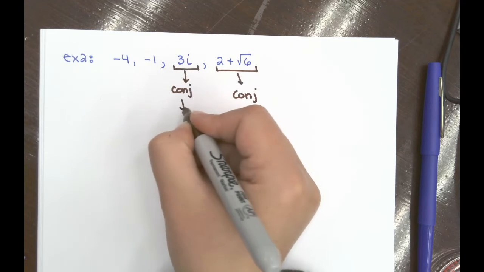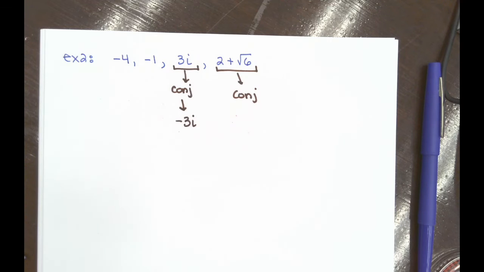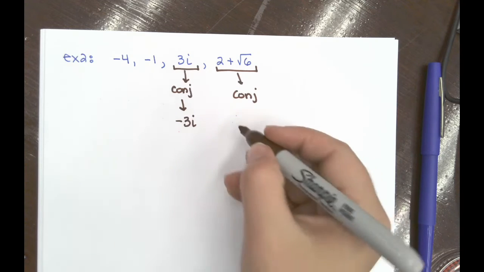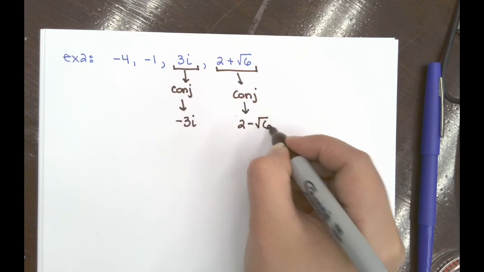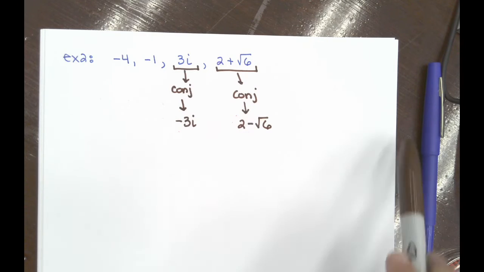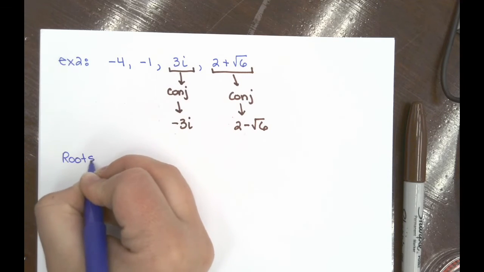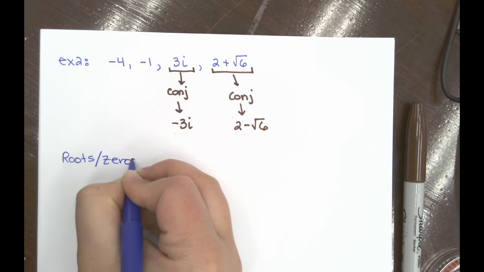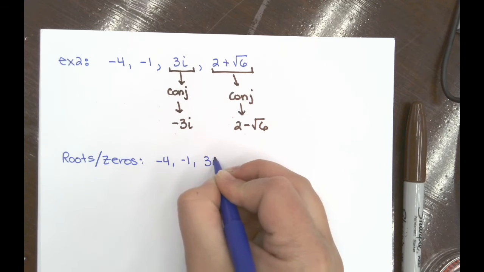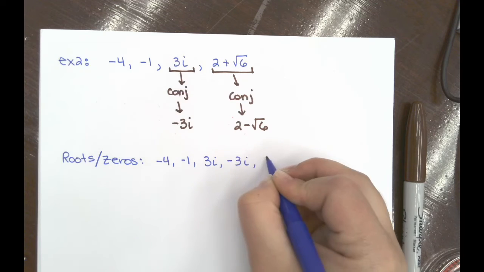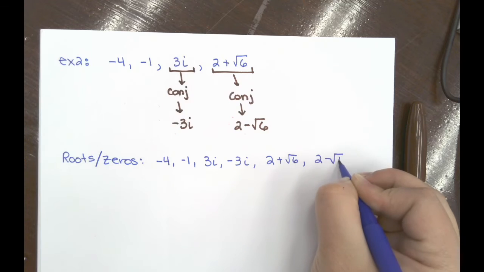That means 3i comes with a negative 3i. Otherwise, it can't exist. 2 plus square root of 6 comes with 2 minus square root of 6. Otherwise, the original can't exist. So what we really have for our roots, or zeros, are negative 4, negative 1, 3i, negative 3i, 2 plus square root of 6, and 2 minus square root of 6.